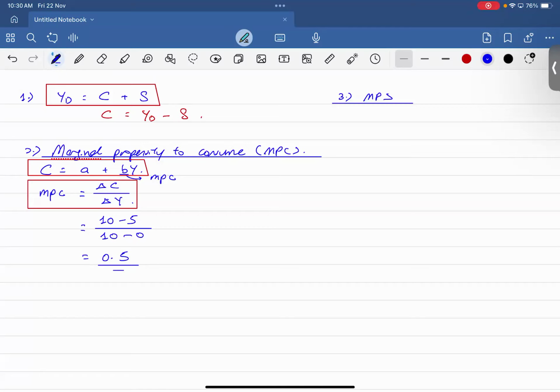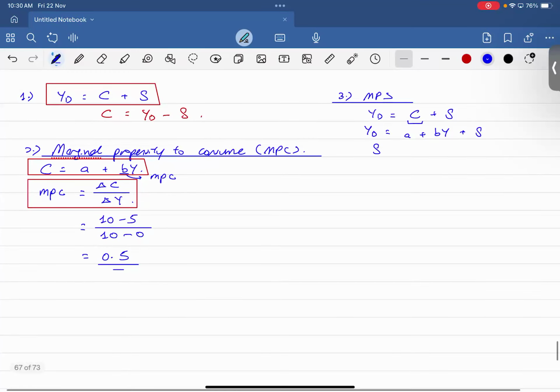First, let's talk about the saving function. The income that you earn can either be used for consumption or saving. We have a consumption function ready, and we can expand it to Y = a + bY + S. To find the saving function, we use income minus a minus bY, which forms my saving function.